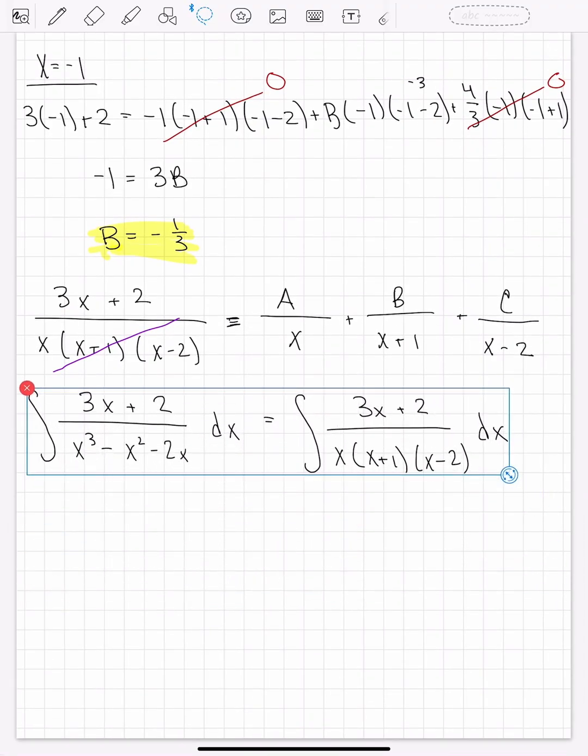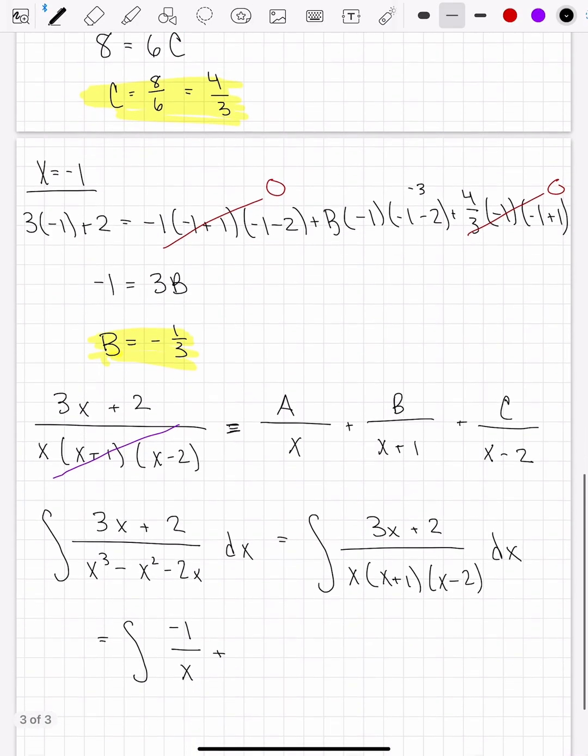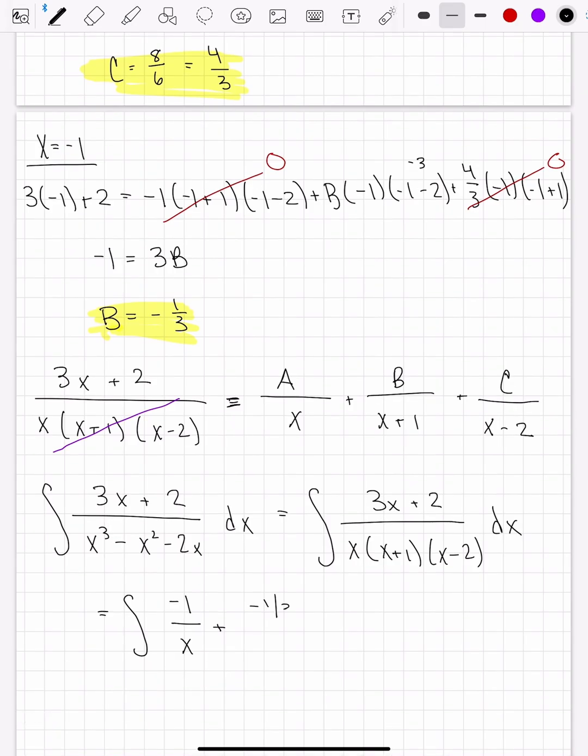So now we're going to rewrite that as the integral. Capital A was what? Negative 1 over x, plus b was negative 1/3 over x plus 1, right? So I'm plugging into this form here. And then c was 4/3, and that was over x minus 2.